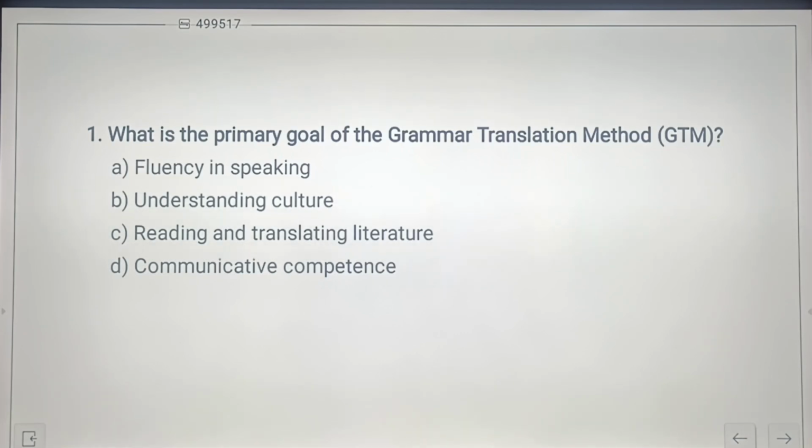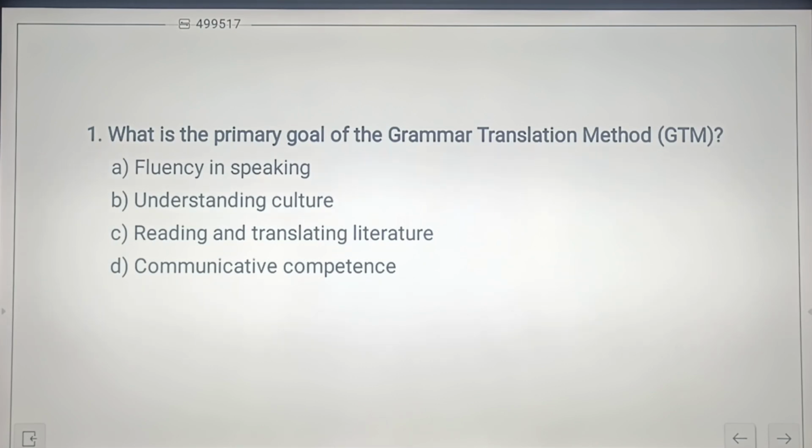Grammar translation method is also known as GTM in short form. The question is, what is the primary goal of the grammar translation method? A. Fluency in speaking. B. Understanding culture.